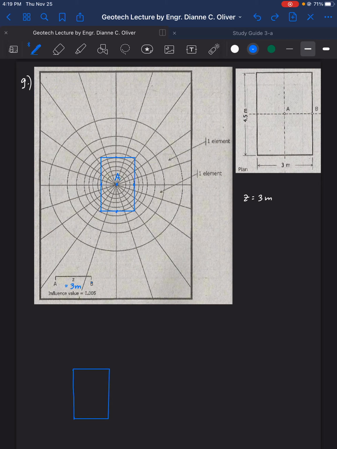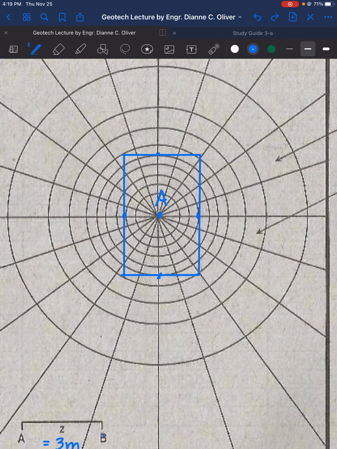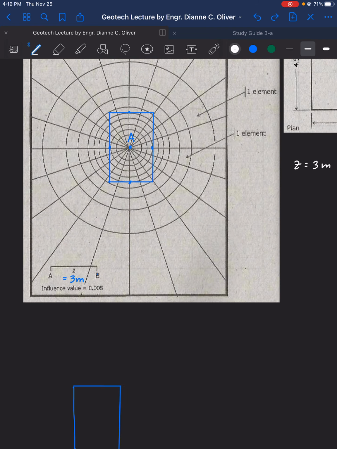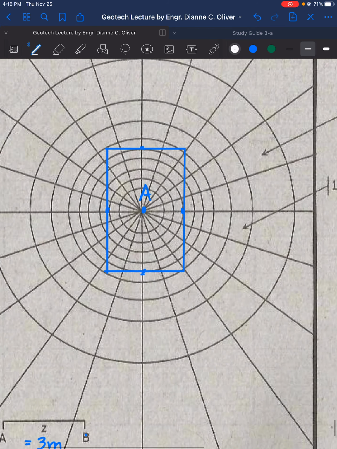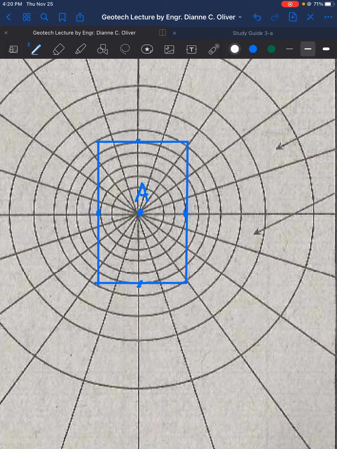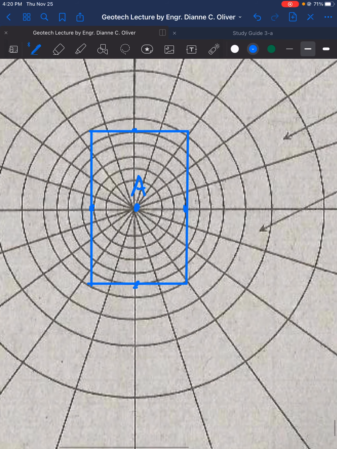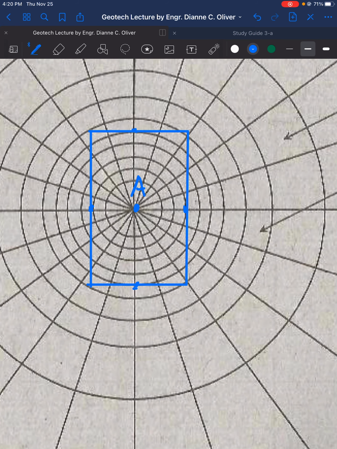Okay, so let's go back. Here comes the counting for how many N. So how many number of elements N is present within this loaded area. Okay. So since this should be symmetrical.